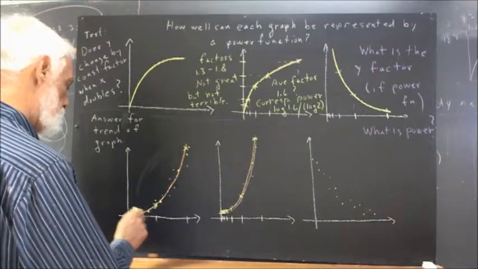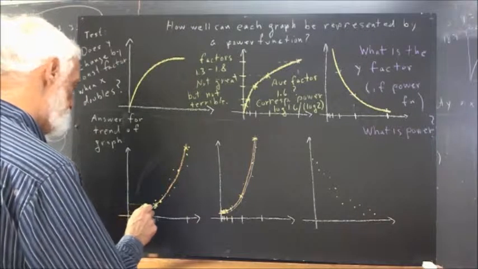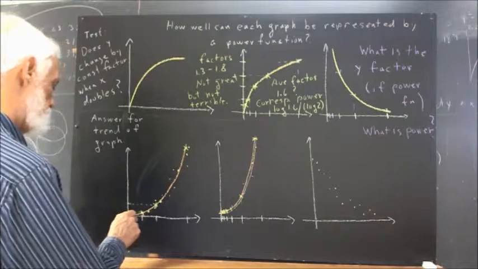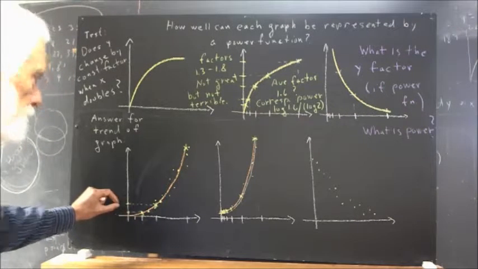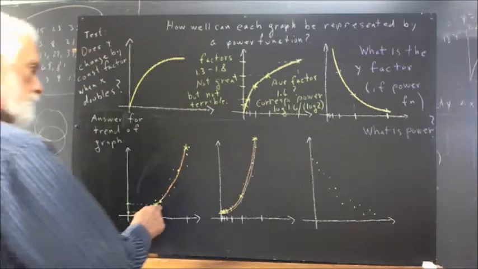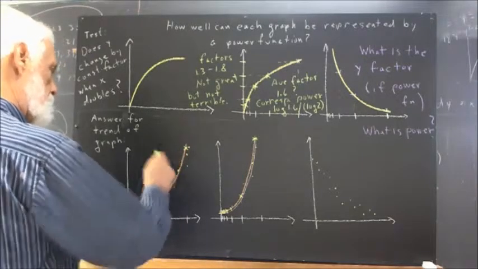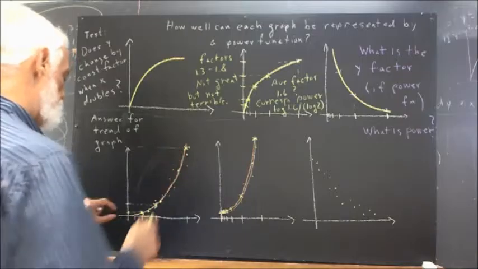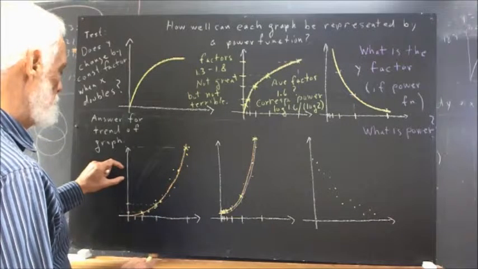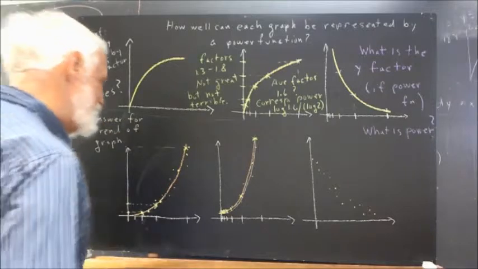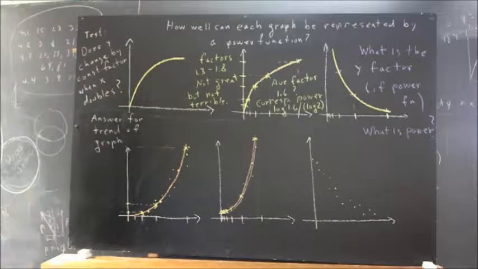So from here to here, it looks like the x value at least triples. And from here to here, this x value, 1, 2, 3, 4, it at least quadruples.